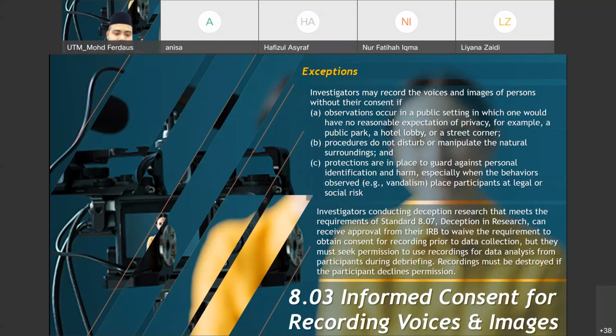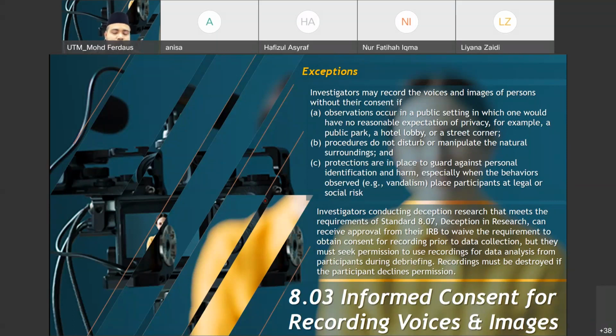So there are some exceptions for us to ask for informed consent for recording voices and images. Investigators may record the voices and images of persons without their consent under three conditions. First, observation occurs in a public setting in which one would have no reasonable expectation of privacy, for example a public park, hotel lobby, or street corner.